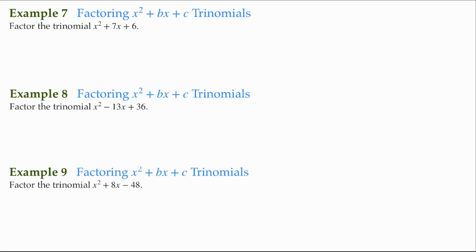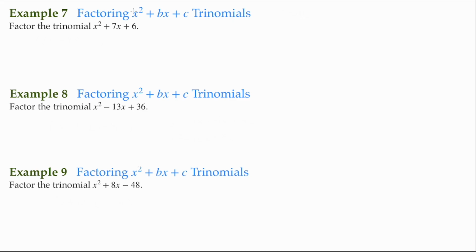So in these examples, we are going to be factoring trinomials, and a trinomial is a three-term algebraic expression, thus the term tri meaning three. And these particular trinomials have a specific pattern to them, and that is x squared plus bx plus c. The first term here has a leading coefficient of 1.